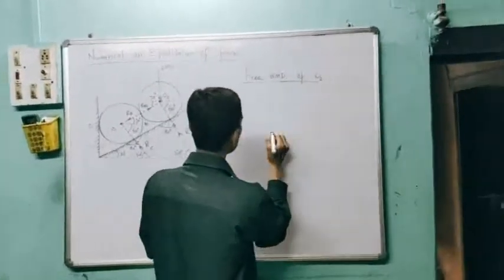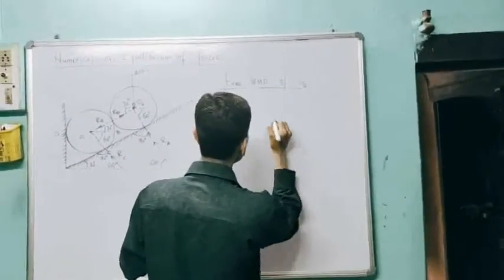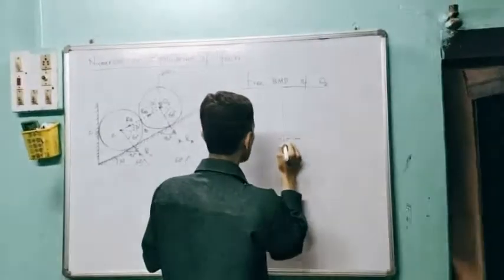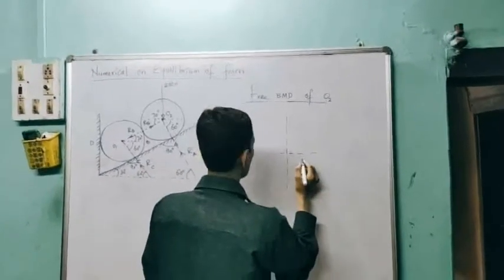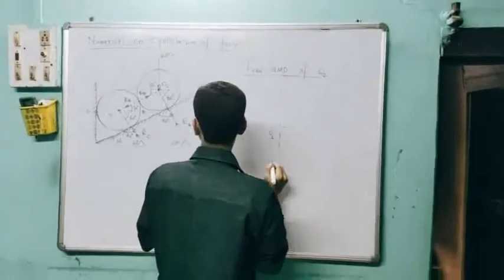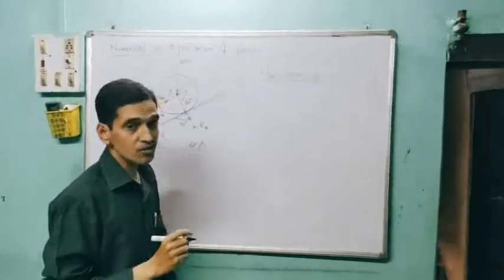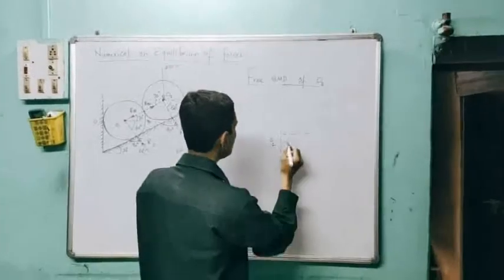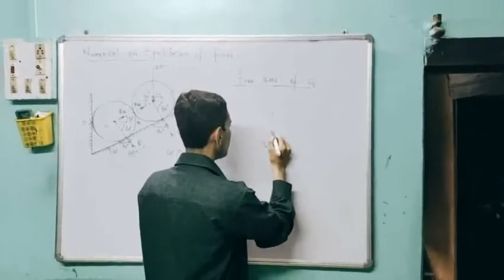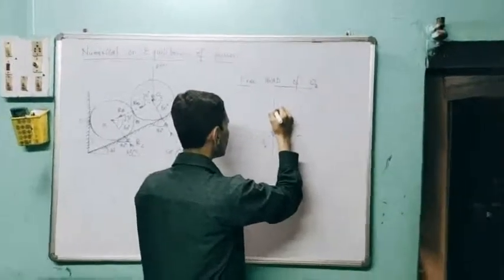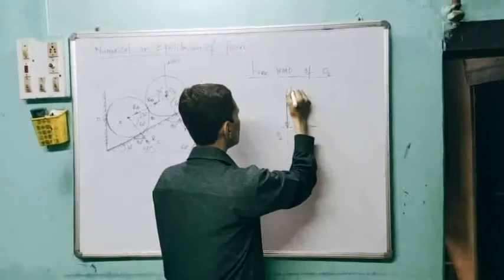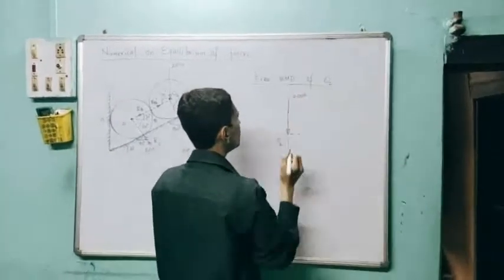While drawing the free body diagram of this, first we need to draw all four quadrants at O2. Now the first force applied at O2 is its own weight, and that own weight always acts as a downward force, that is of 200 newtons.